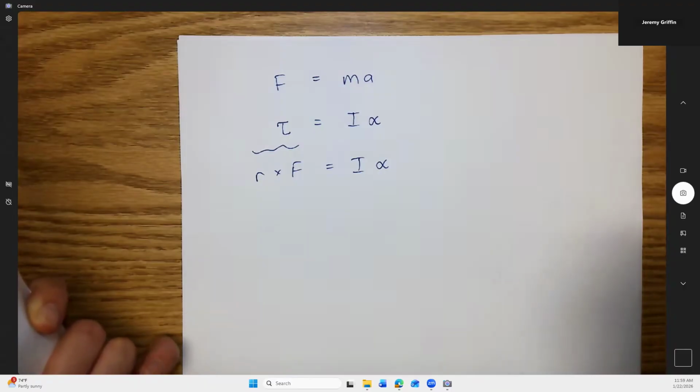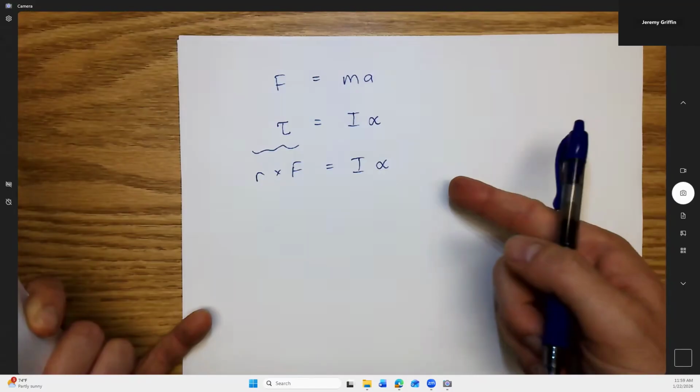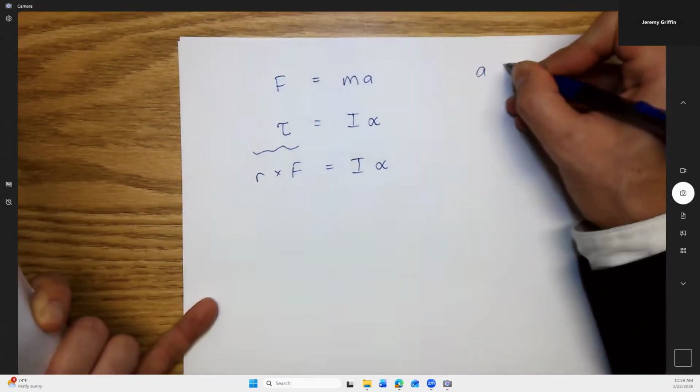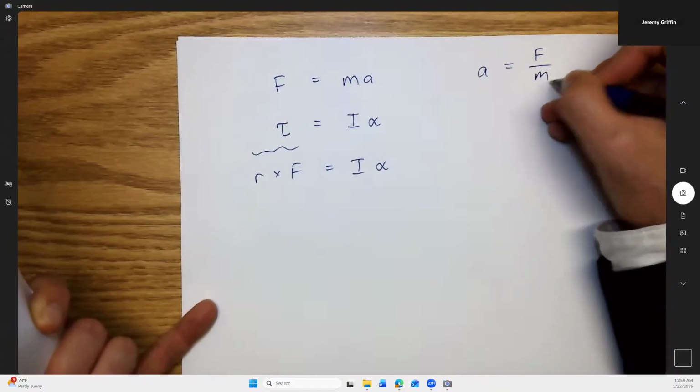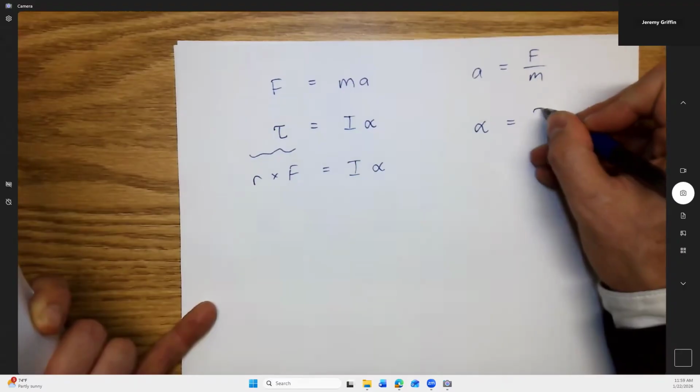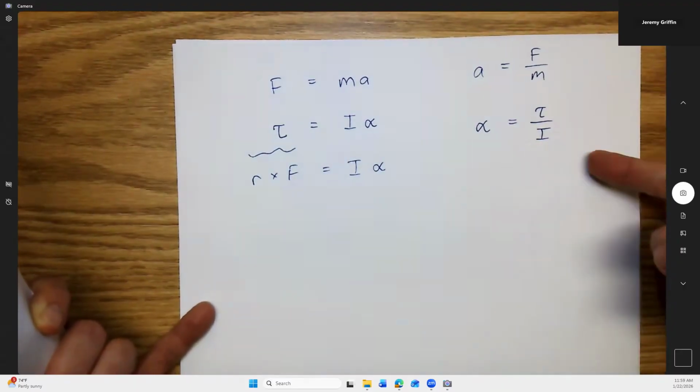Yeah, guys, you can totally do alpha equals torque over I, or actually, I prefer to normally write it like this myself. You could do the resulting angular acceleration as the torque acting on the rotation. Yeah, you can totally do that.